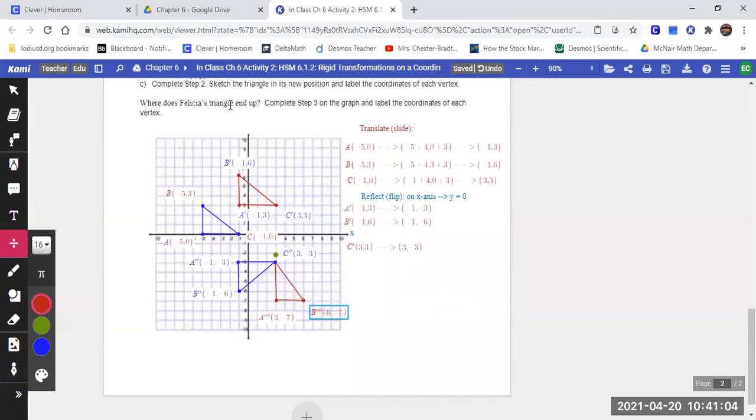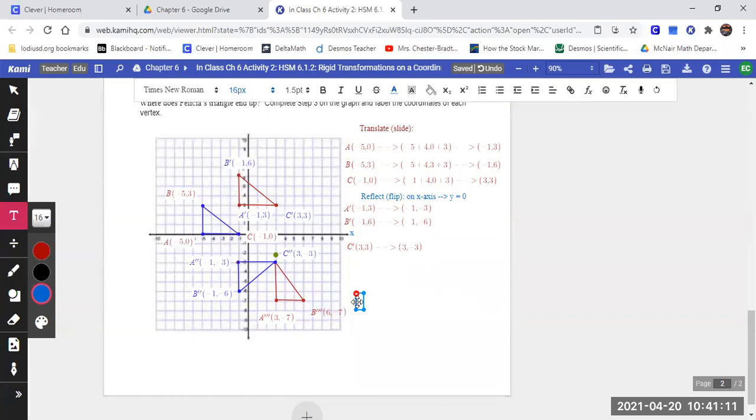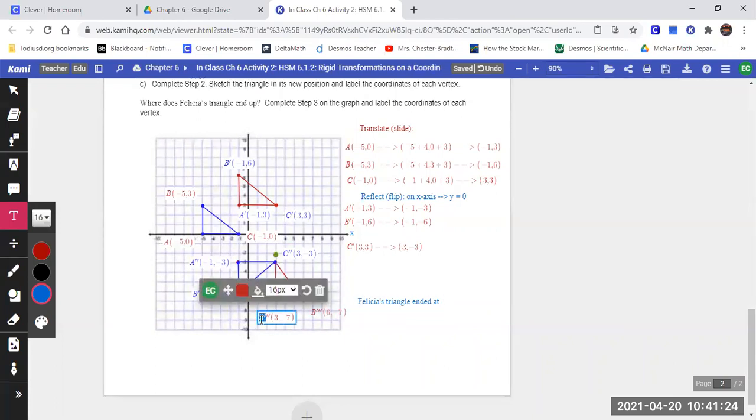Then it says, where did Felicity's triangle end? Now that we've drawn it in here, we're going to answer the last thing. Felicity's triangle ended at, and then we're going to grab these 3 spots.